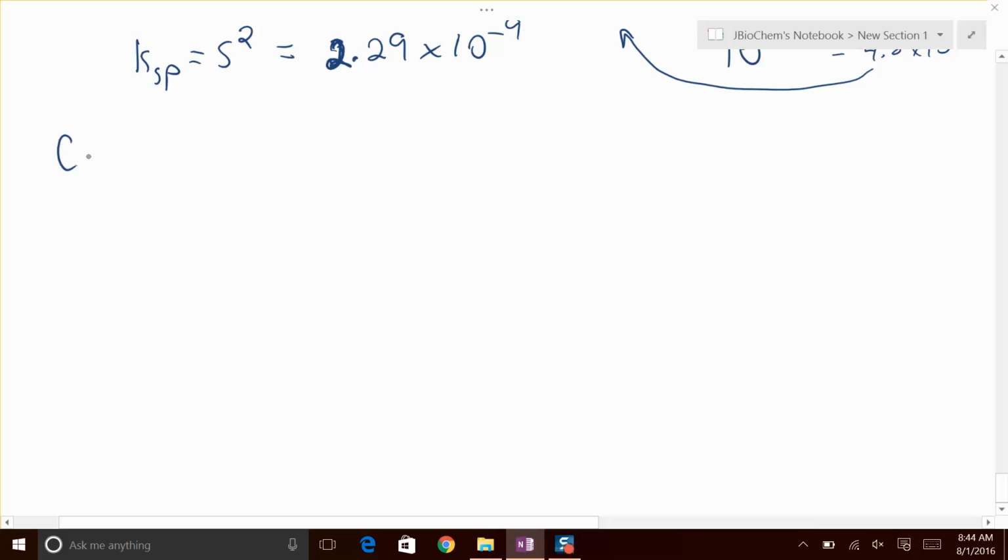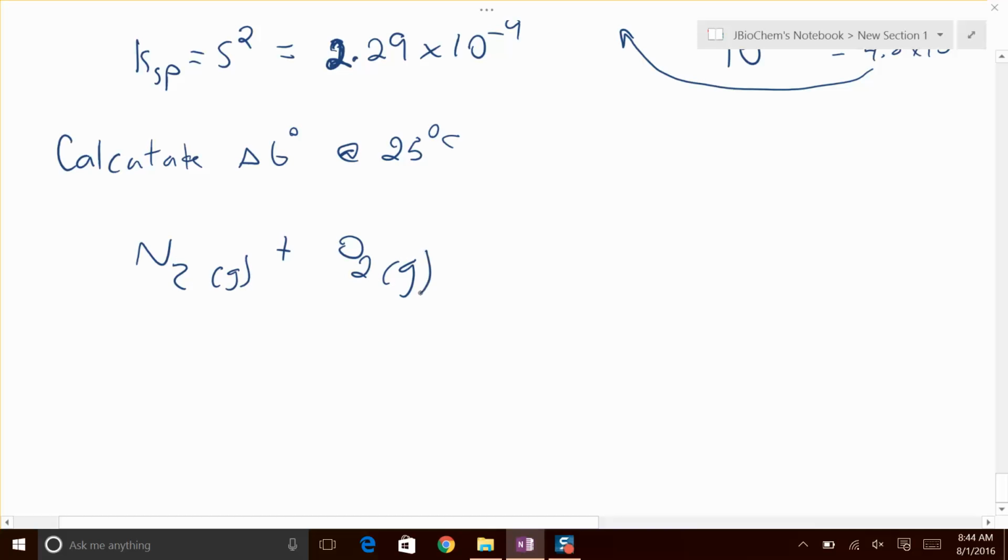Okay, let's calculate delta G naught at 25 degrees Celsius for this reaction: N2 gas plus O2 gas produces 2NO gas. Is this chapter 16 or are we still doing? We're on chapter 16 now.